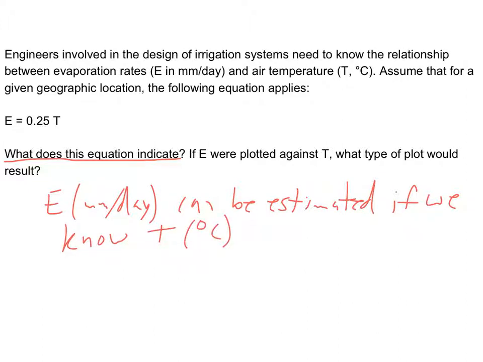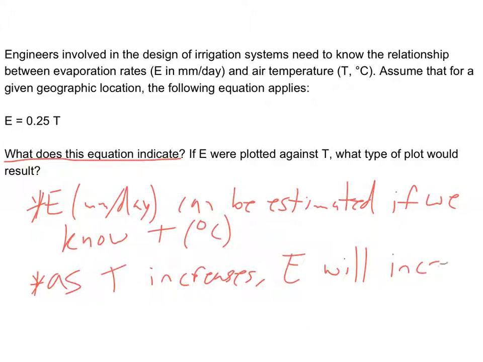So that's what this equation indicates. We can find E if we know T. We also know that as T increases, E will increase. That means that this is a proportional relationship.